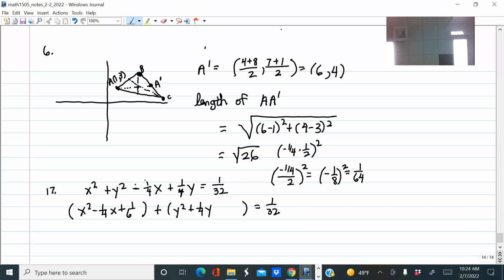So you can just put it right in there, and it looks like the same thing is going to happen here, right? Sorry, instead of getting negative 1/4 divided by 2, we have positive 1/4 divided by 2. But positive 1/4 divided by 2 is positive 1/8, and squared it is still 1/64.